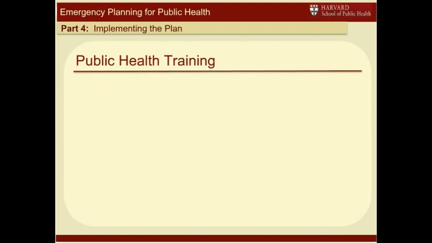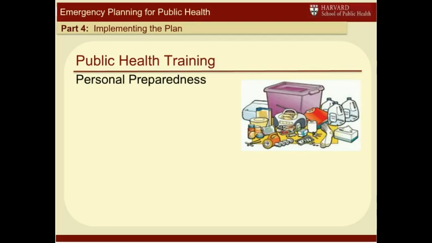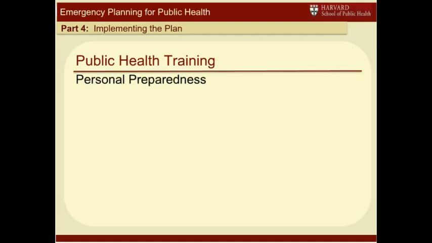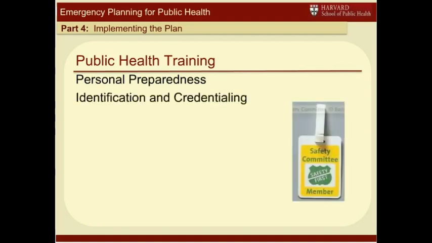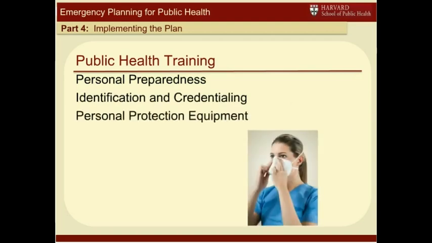Public health training entails educating both responders and the community. For example, a community may need to be educated about personal preparedness. Volunteers may need instruction on identification and credentialing before reporting to an emergency scene. Responders may need to be educated and fit tested for personal protection equipment.